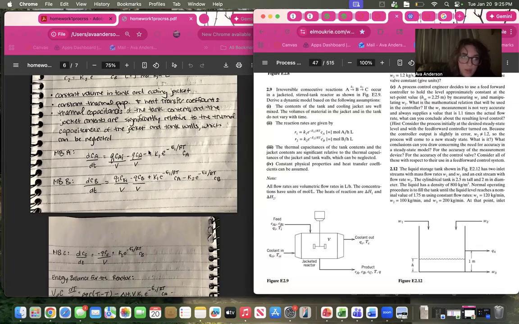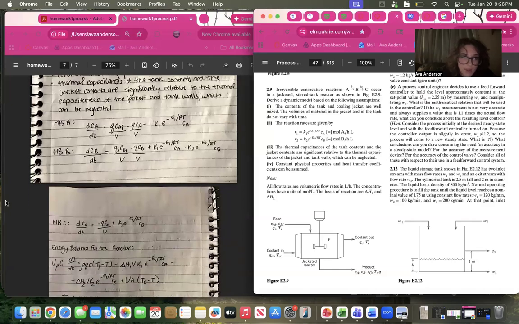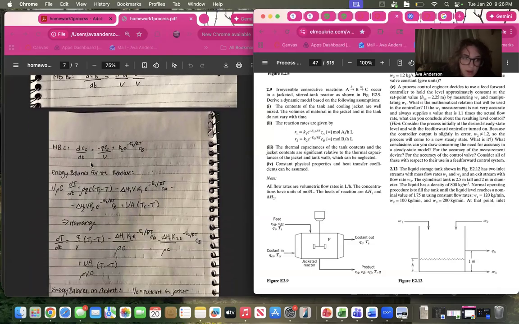So you have Q initial times CA initial divided by volume, and you can subtract QCA divided by V, and you subtract the rate of reaction of the first from A to B. You can do the same thing for B, and for C as well, except for C, there's only the product you're looking at, not the feed as well.